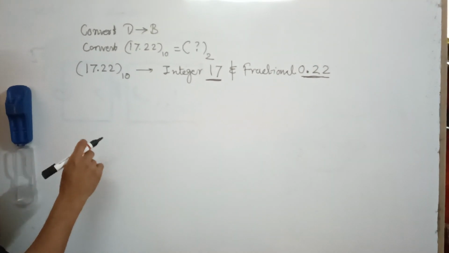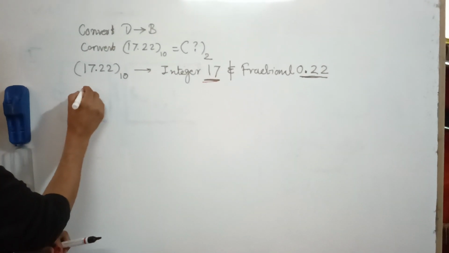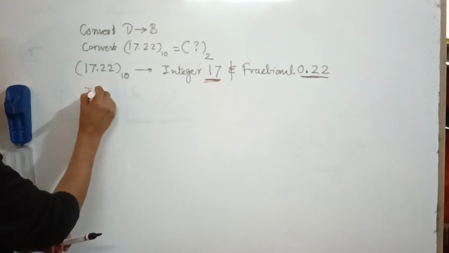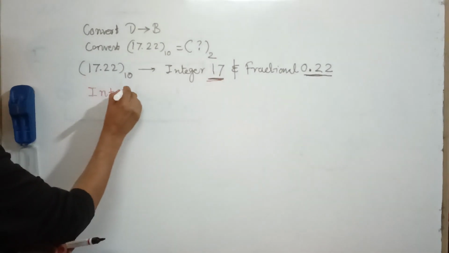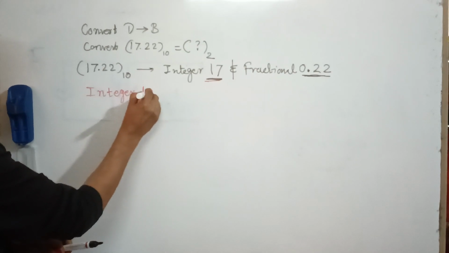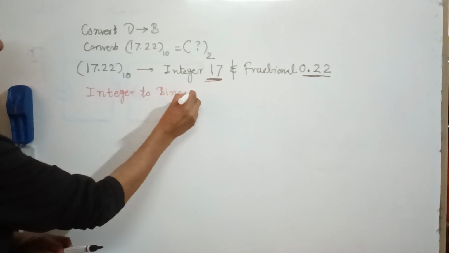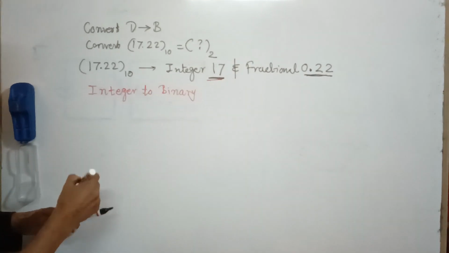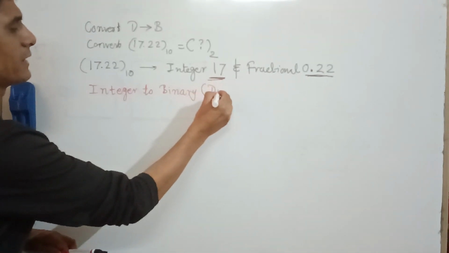First we will convert the integer to binary. Let's see how to convert an integer to binary. For integer to binary we will use the divide by 2 method.